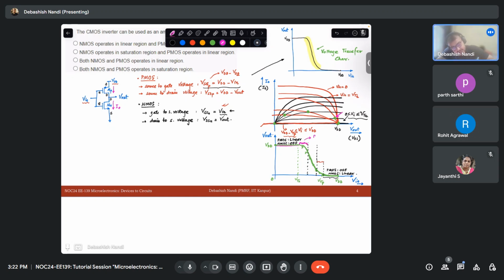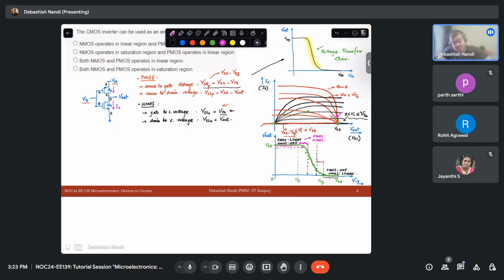So what is the status here, of PMOS and NMOS? So NMOS will be on. On means what region? On can be in linear and saturation both, right? Look at this green point. Because this is near to VDD, right? Yes, sir. This is near to VDD.